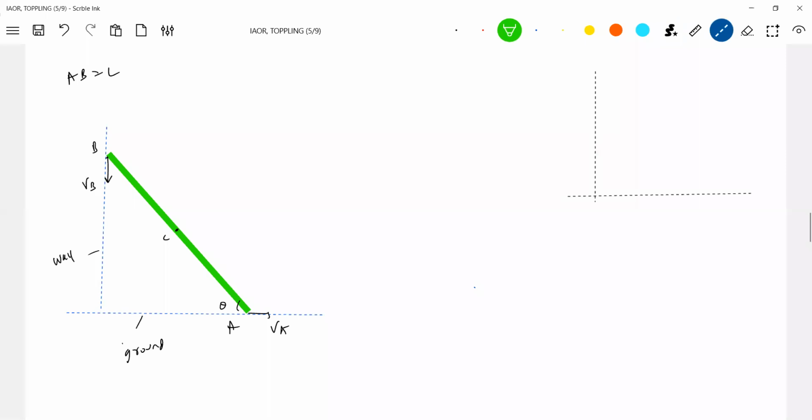First, initially, the rod will be vertical like this. Initially, this will be the position of the rod. After some time, it will take this position.